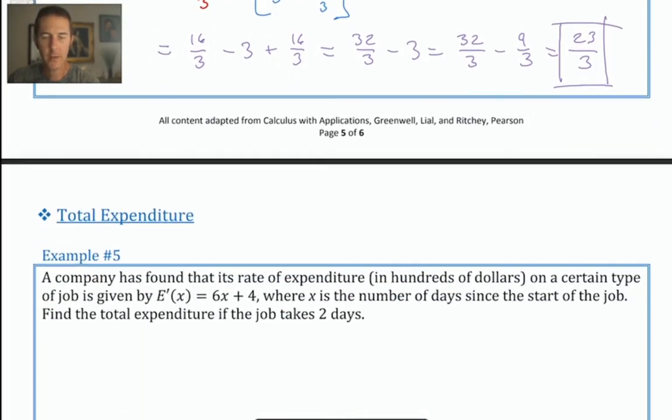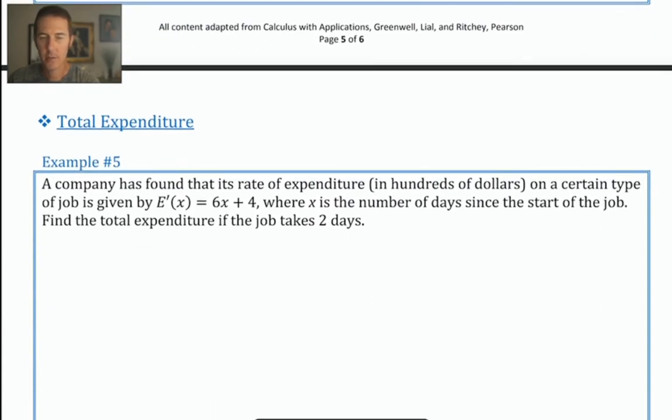And then lastly is an application problem, a word problem. This says that a company has found that its rate of expenditure in hundreds of dollars on a certain type of job is given by, now this function is being called E prime because it's a rate of expenditure, so that's the first derivative of the expenditure function, where x is the number of days since the start of the job.